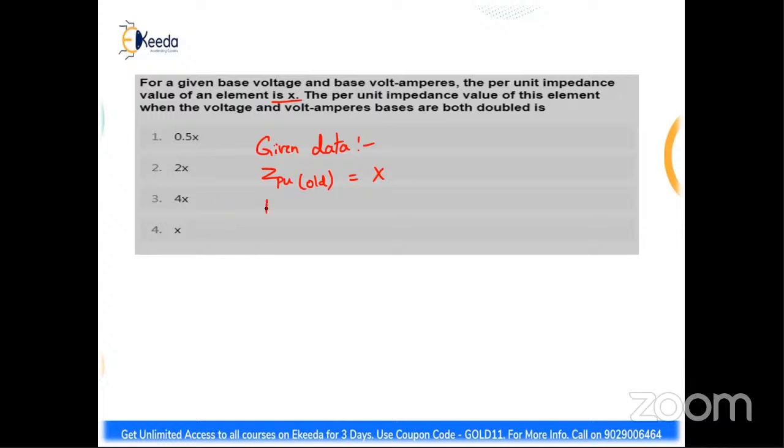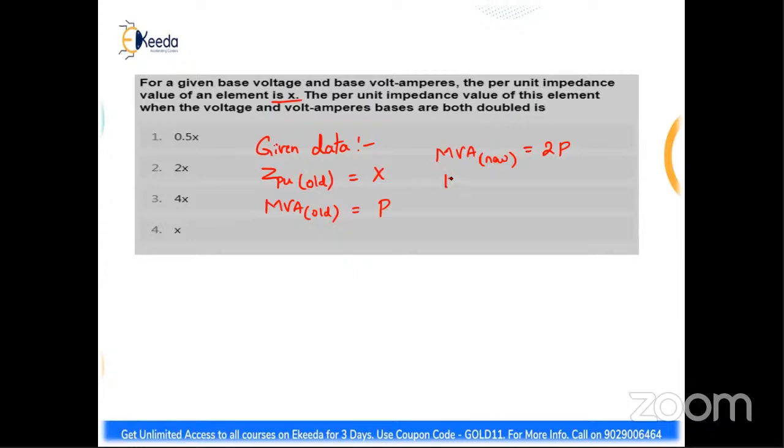Next, MVA old we will take as P, and MVA new we'll consider as 2P. Getting this point? Because when the voltage and VA bases are both doubled, the new values are doubled from the old values. So that's the reason I'm taking here 2P.